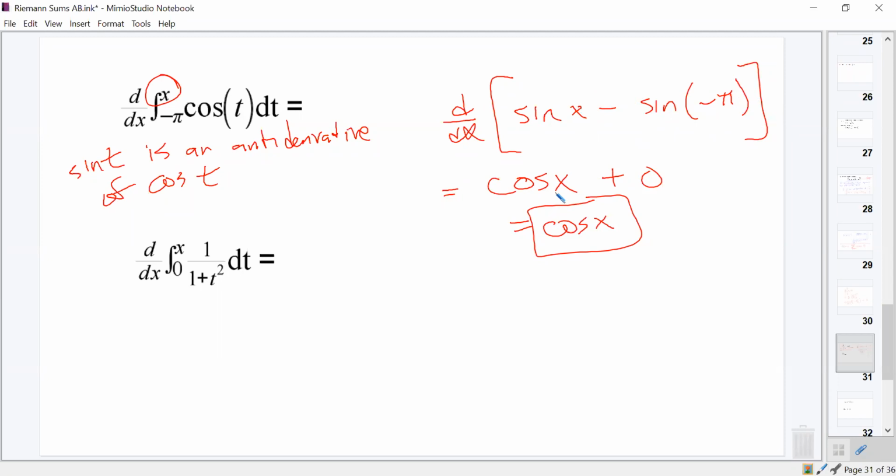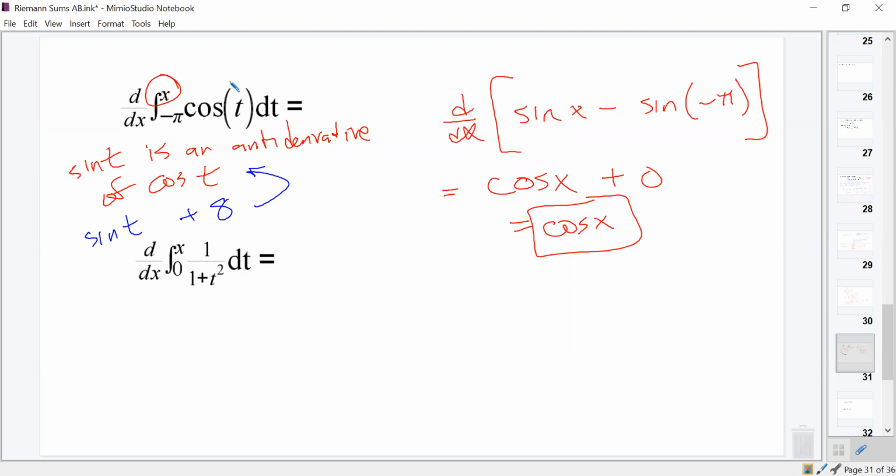And so we chose one specific antiderivative of cosine t and used that. What if I'd chosen a different one? What if I'd said, couldn't sine t plus 8 also be an antiderivative of cosine of t? Yes. Right? Because if I take the derivative of sine of t plus 8, I still just get cosine of t.